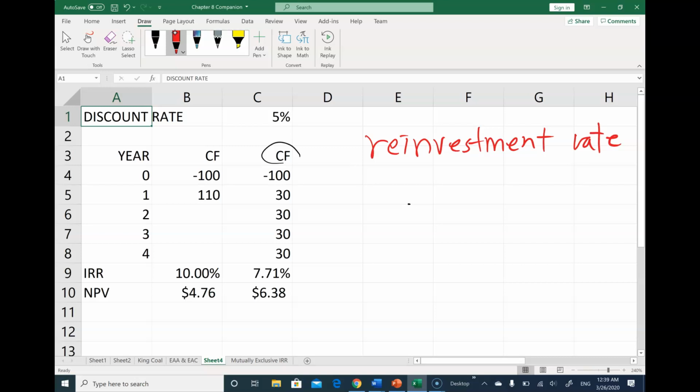So in case of internal rate of return, the underlying assumption of the internal rate of return is that the positive cash flow generated by an investment project will be reinvested at the rate of the internal rate of return. So the internal rate of return is equal to the reinvestment rate.